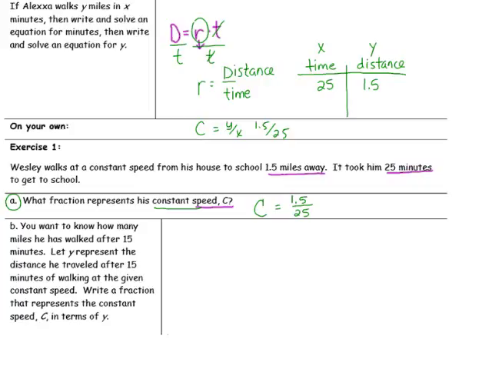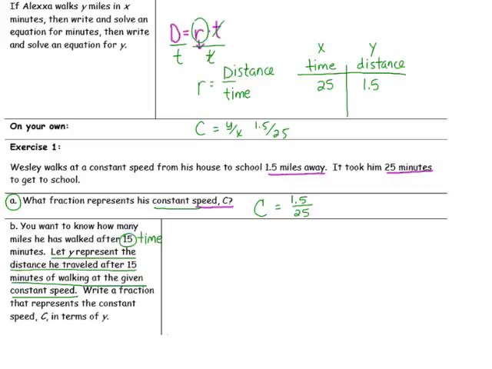Part B, you want to know how many miles he can walk after 15 minutes. So 15 minutes is the time. Let y represent the distance he traveled after 15 minutes of walking at the given constant speed. Write a fraction that represents the constant of speed, c, in terms of y.